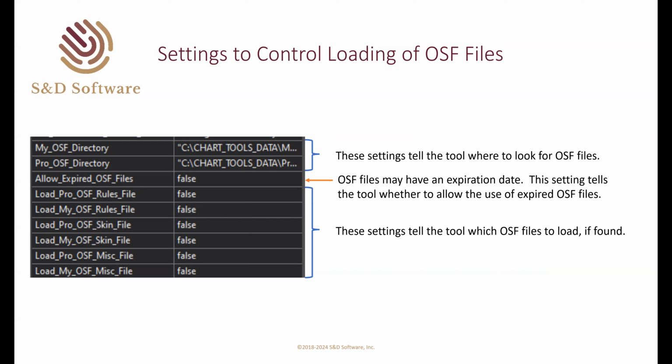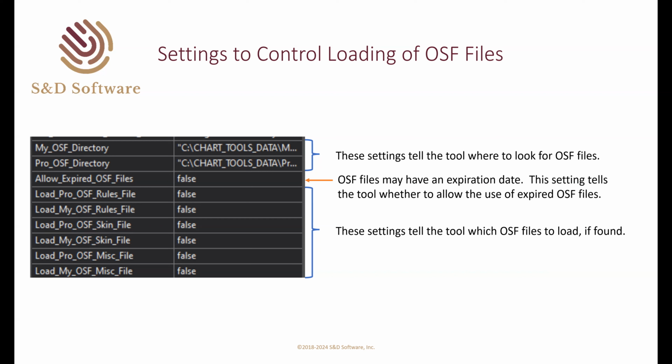The first two settings are basically the directories where you want the tool to look for OSF files. So you can have collections of OSF files for doing different things. On your system, you can have them located in different directories to keep them apart so there's no conflicts.